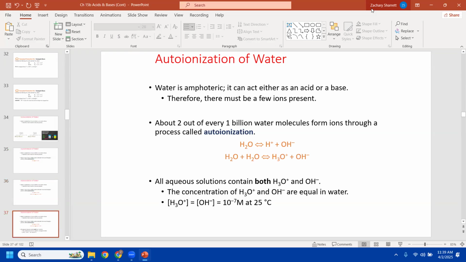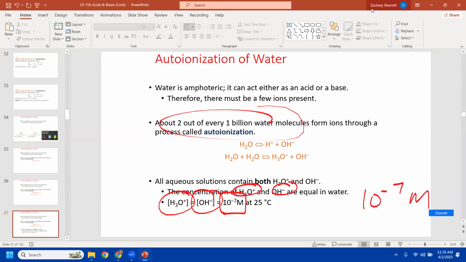All aqueous solutions contain a little bit of H3O plus and a little bit of OH minus. So the concentration of H3O plus and OH minus are equal. The concentration of H3O plus in pure water is equal to the concentration of OH minus, which is 10 to the negative 7th molar.